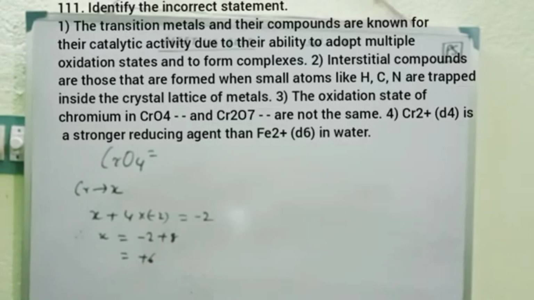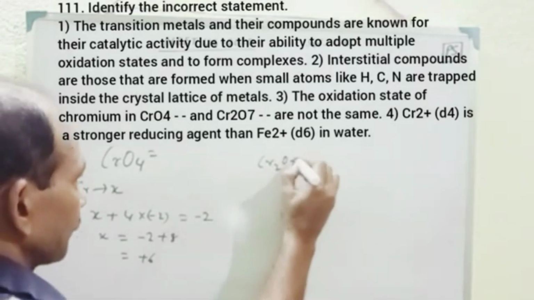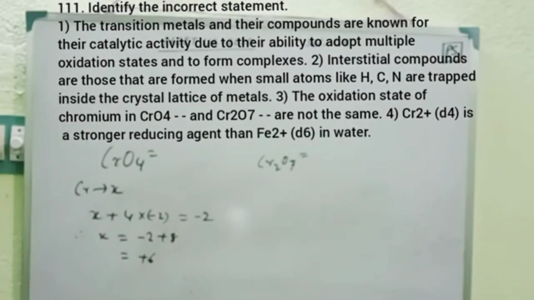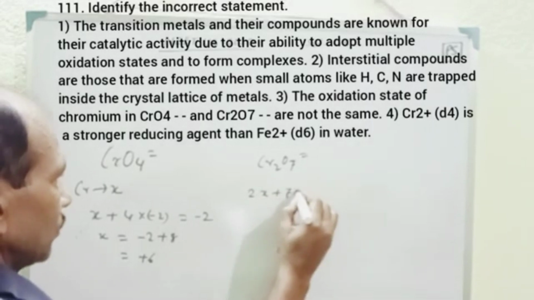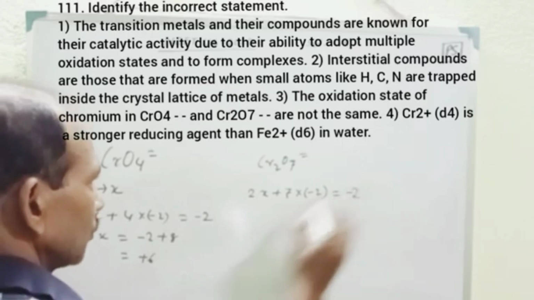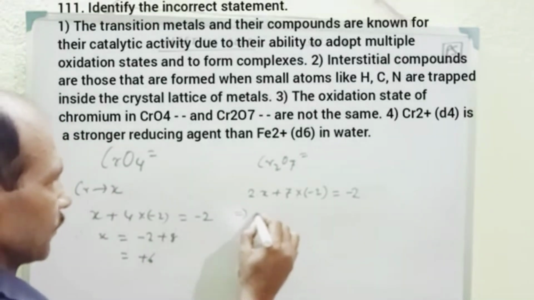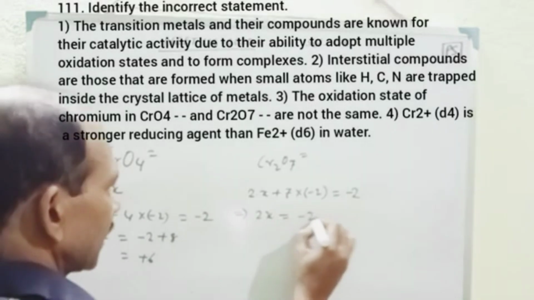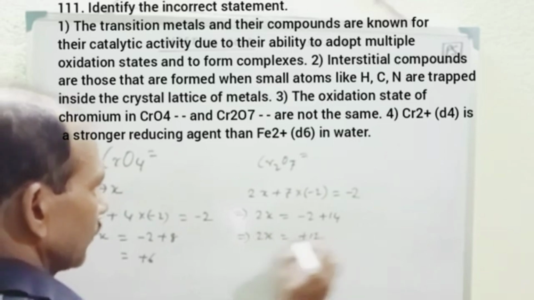Similarly, for Cr2O7 2- ion, we can write the equation 2 into X plus 7 into -2 equals to -2, as the charge of Cr2O7 2- ion is -2. 2x equals to -2 plus 14. 2x equals to +12.